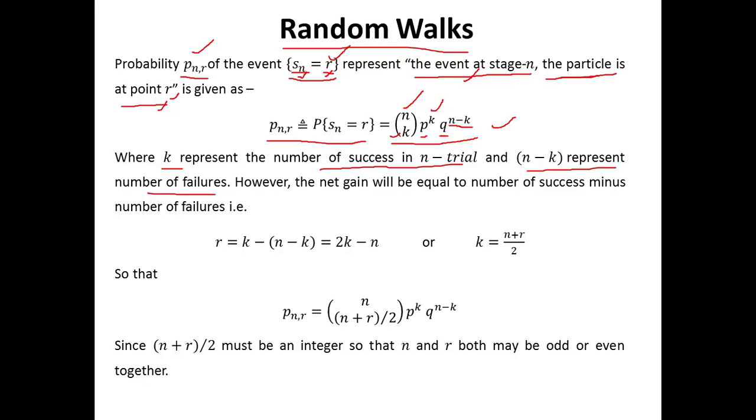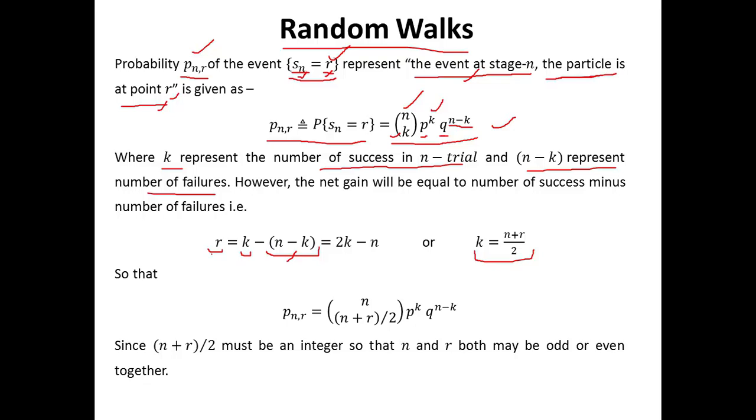It means r should equal number of successes minus number of failures. If the number of successes is greater than the number of failures, the value of r will be some positive integer. If the number of successes is less than the number of failures, then the value of r will be some negative number. And if you solve it, you will get the value of k equals (n plus r) by 2.